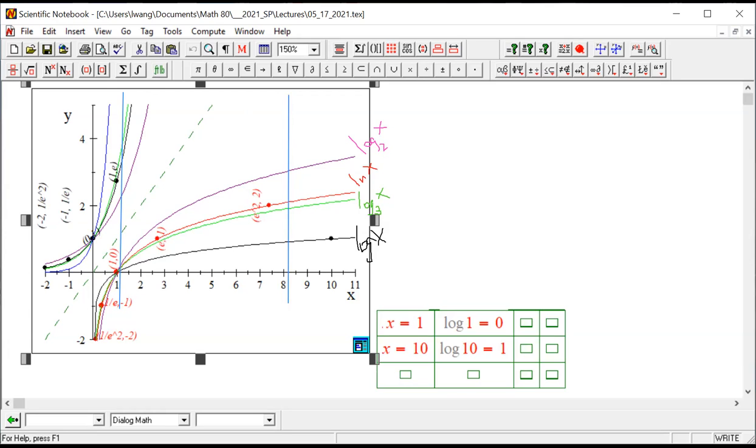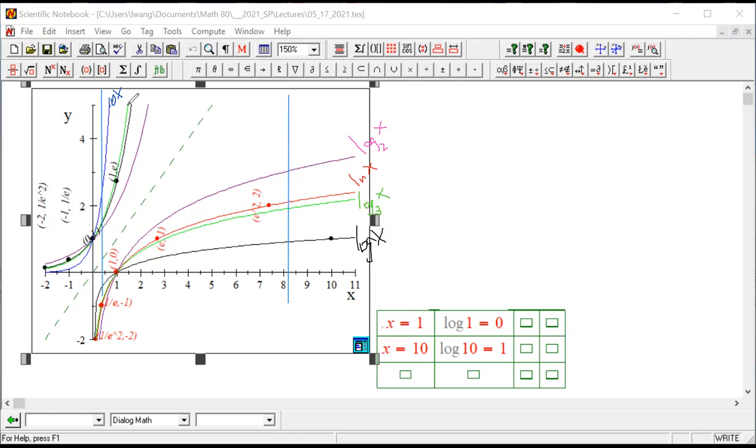Okay, so if I draw another vertical line, there. Let's mark it. How about you guys mark it with me? The blue is 10 to the power x, right?